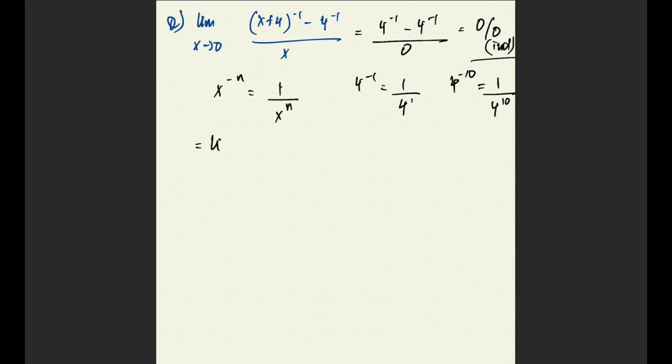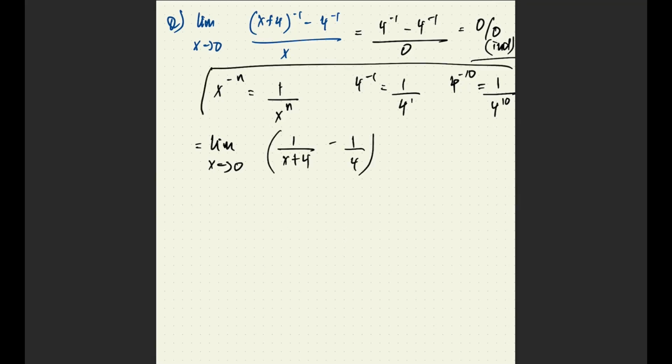So first what we need to do is rearrange a little bit. So the limit as x approaches 0. Let's write the negative powers in terms of positive powers. So this is just going to be 1 over x plus 4 minus 1 over 4, using this exponent law that we just mentioned, everything divided by x.